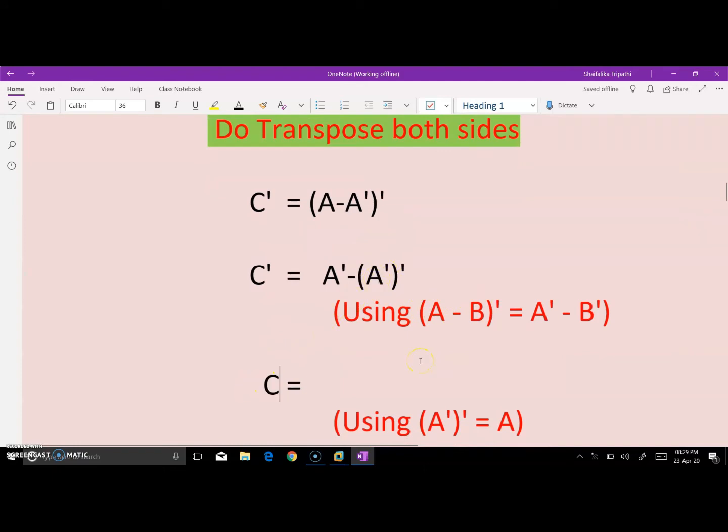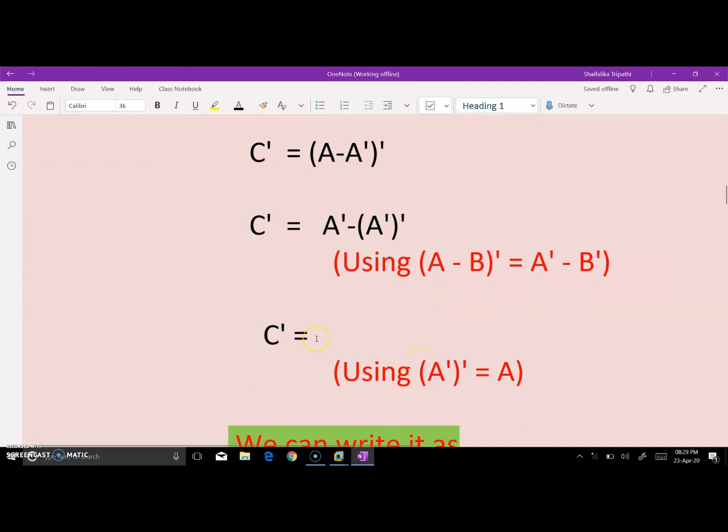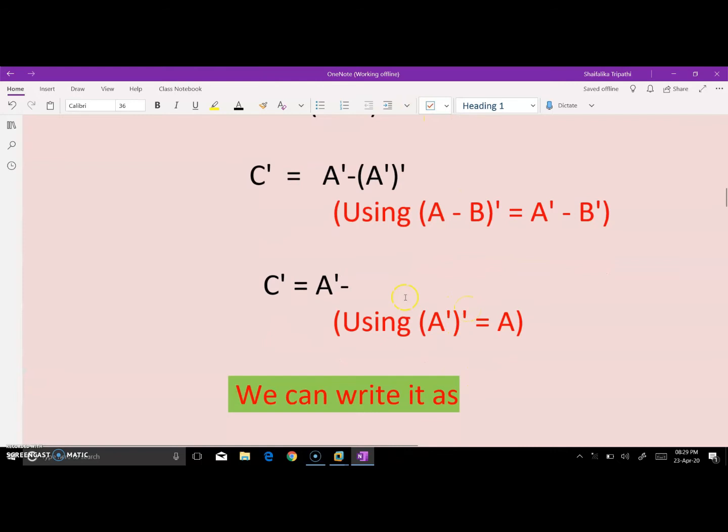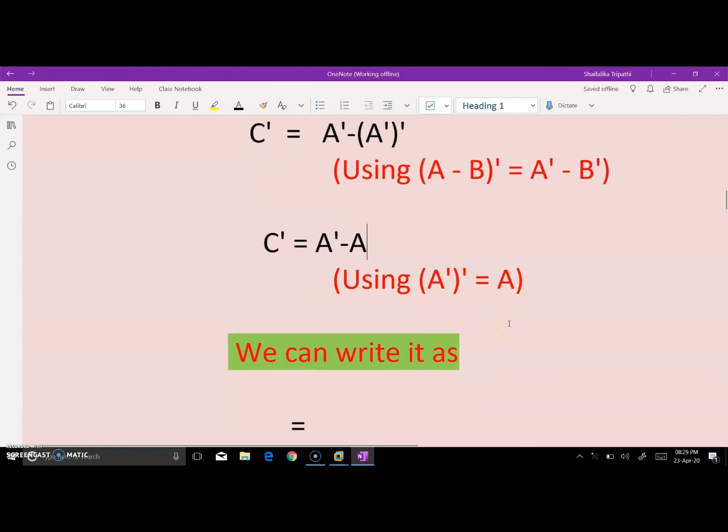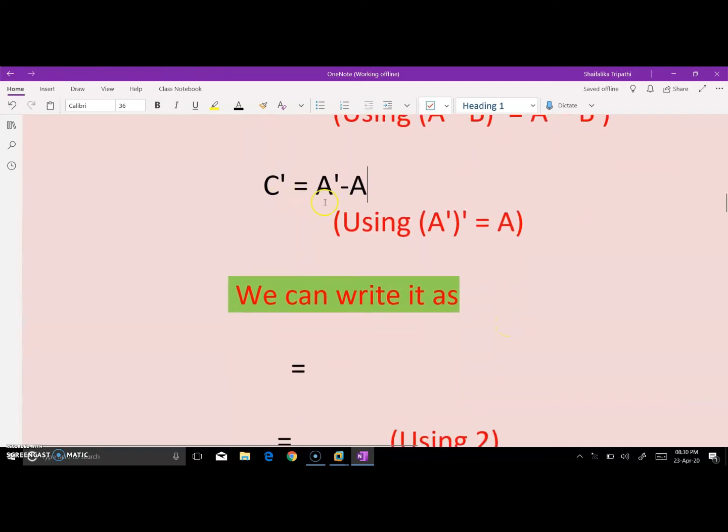So the next step, C transpose remains as it is, and A transpose minus, again we will use the property that we have already used in the above solution. So this is transpose of A minus, when we do the transpose two times, it will be equal to A, right? Now students, next step is C transpose is equal to, taking minus common from here, A minus A transpose, right?